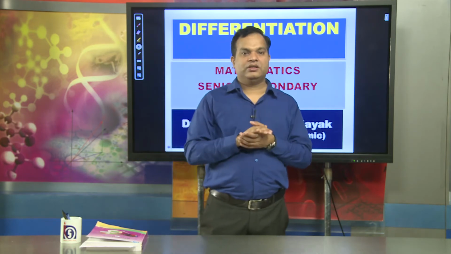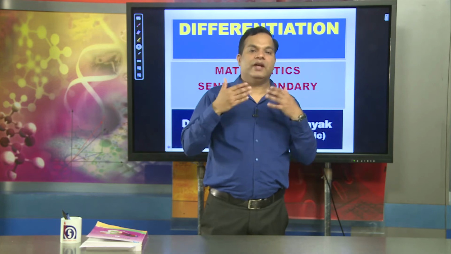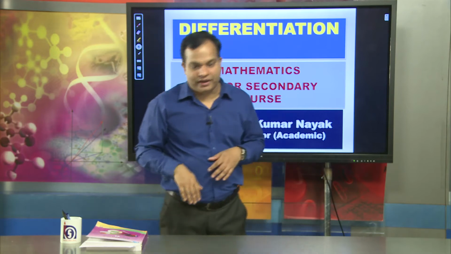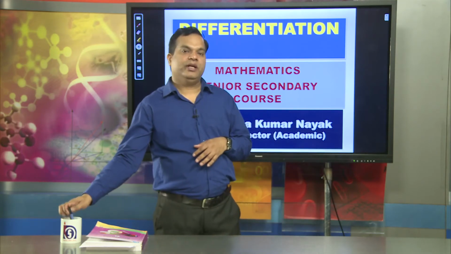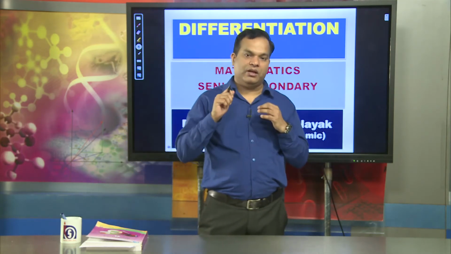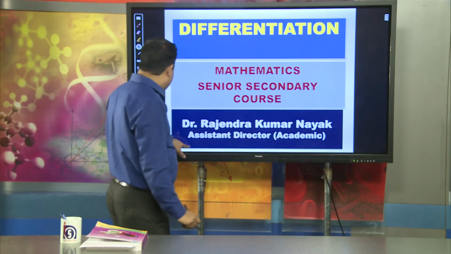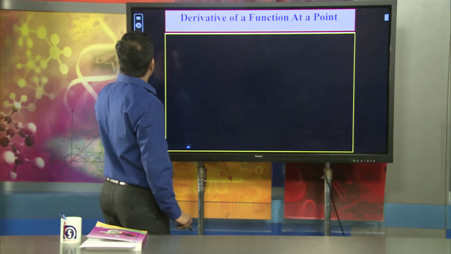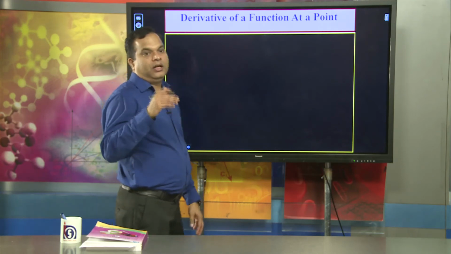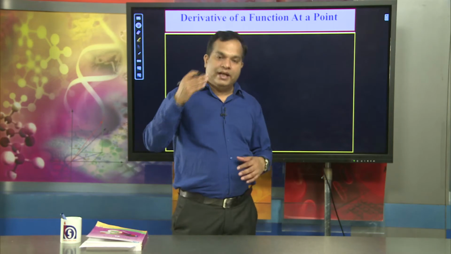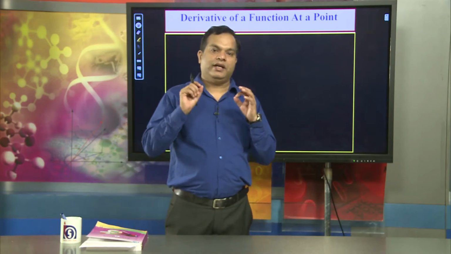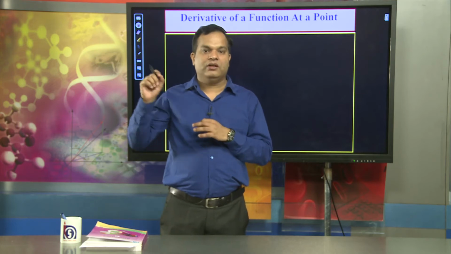First we have to discuss what exactly a derivative is, and the derivative of a function at a particular point. Let f be a real valued function and x0 be any point in the domain of the function f.